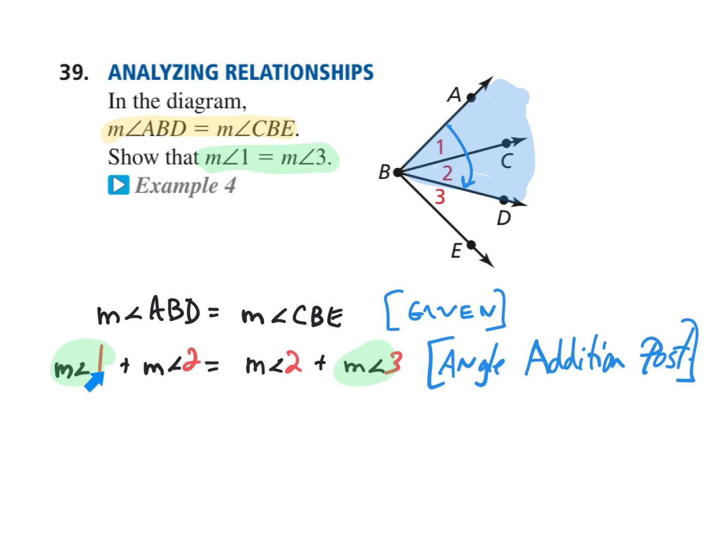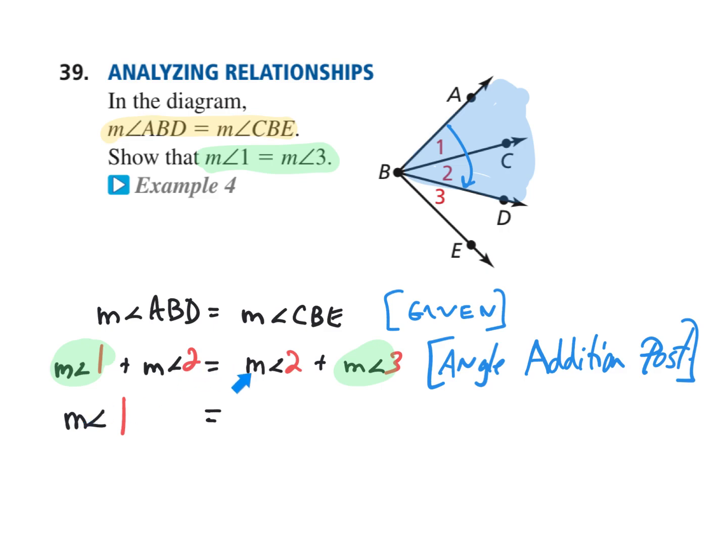And what do you notice about what we don't want? It's the exact same thing on both sides. So if we could get rid of the measure of angle 2 on both sides, we'd be left with exactly what we're trying to show. So let's do that. This says the green expression plus the measure of angle 2. Let's subtract the measure of angle 2. And when we subtract it from the left, we're left with just the measure of angle 1.